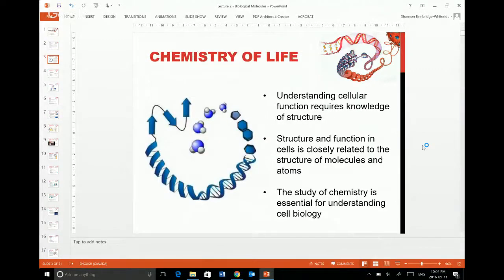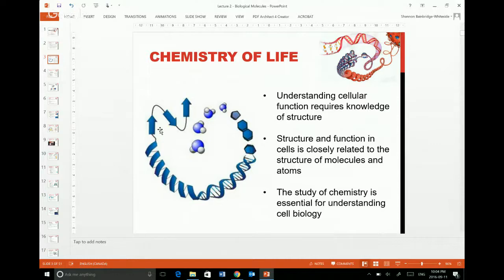So to understand how a cell works, you have to start to break it down into really tiny pieces to understand all the complex interactions that are taking place. At the heart, you have atoms and molecules which come together to form more complex structures, which can polymerize to create even more complex structures, which can then fold or interact with one another.